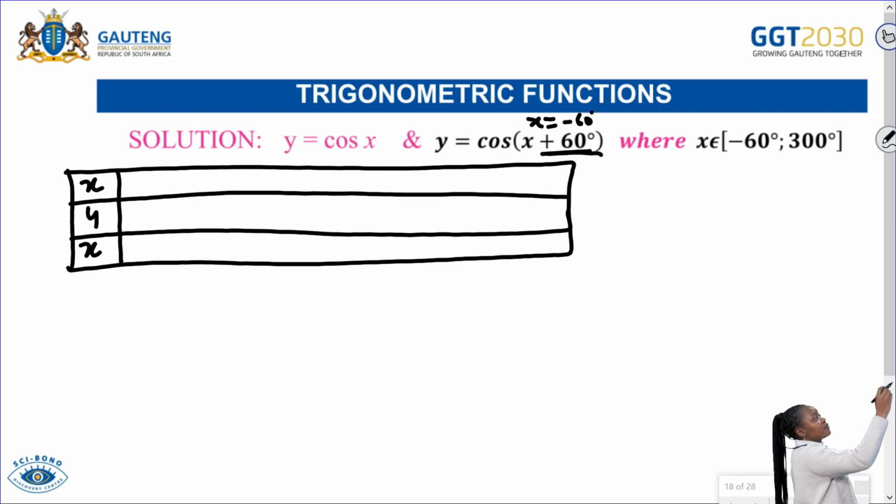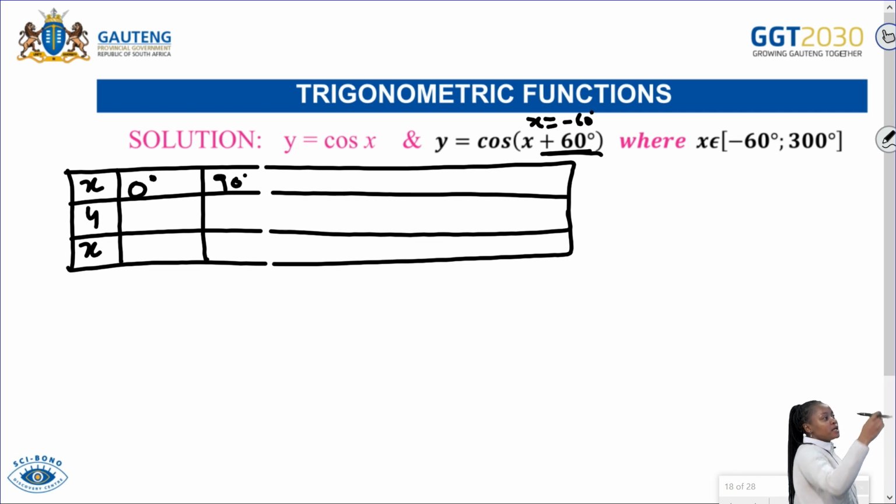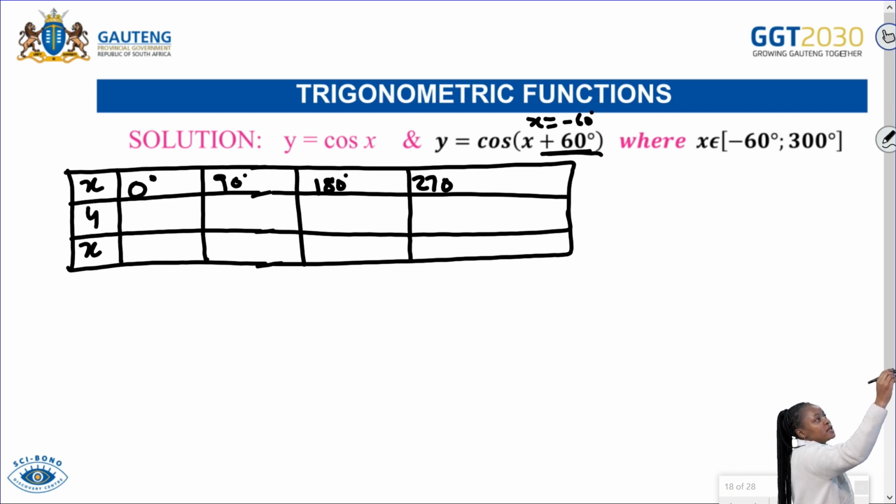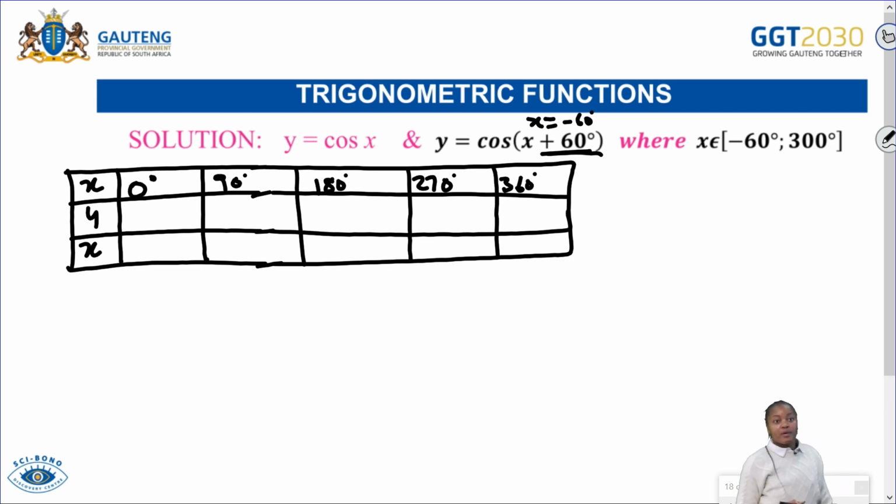So we are starting from 0 degrees. We are going to 90. I must leave enough space. Okay, we have 180 degrees, 270, and then we have 360 degrees, right? So we are starting with the mother graph. At 0, you are going to have 1.